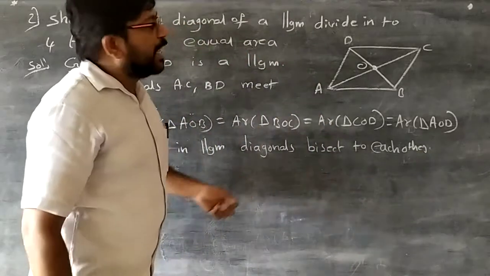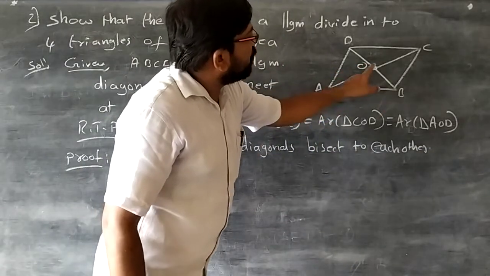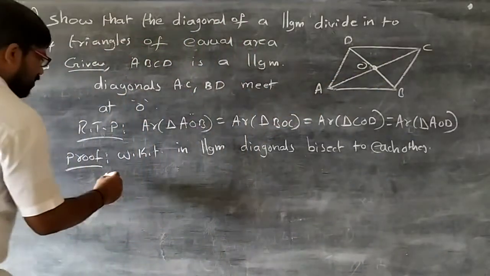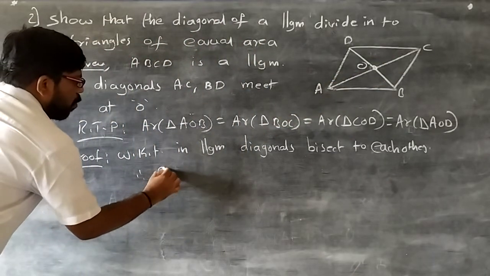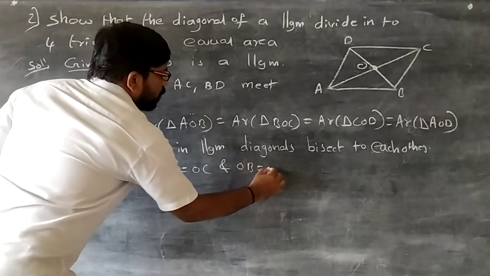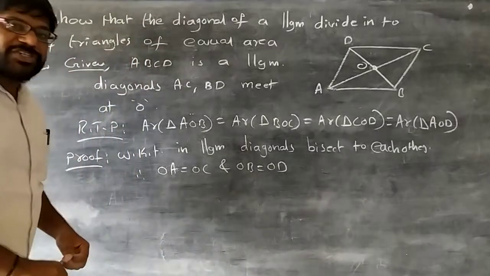That means OB is equal to OD, OA is equal to OC. Right? So therefore, OA is equal to OC and OB is equal to OD, right?